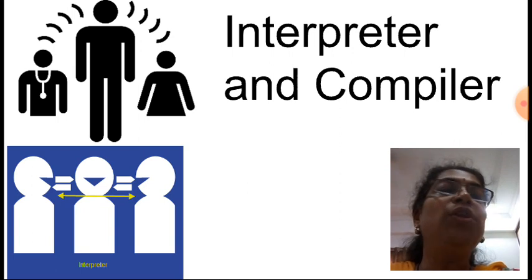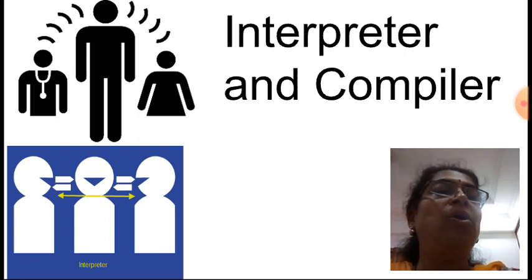At a stretch, it will not interpret the full program. Line by line it goes. It is useful for beginners; these interpreters are better for beginners to learn programming languages.